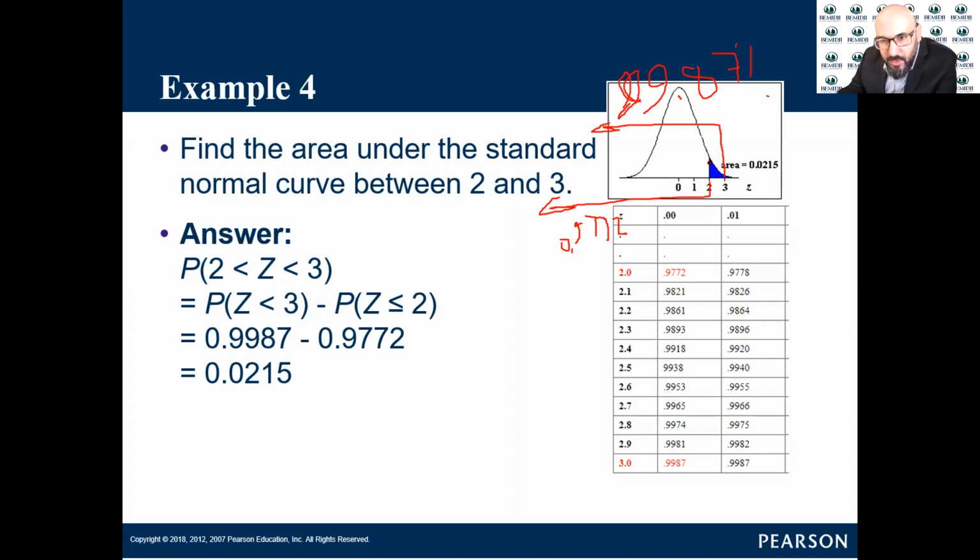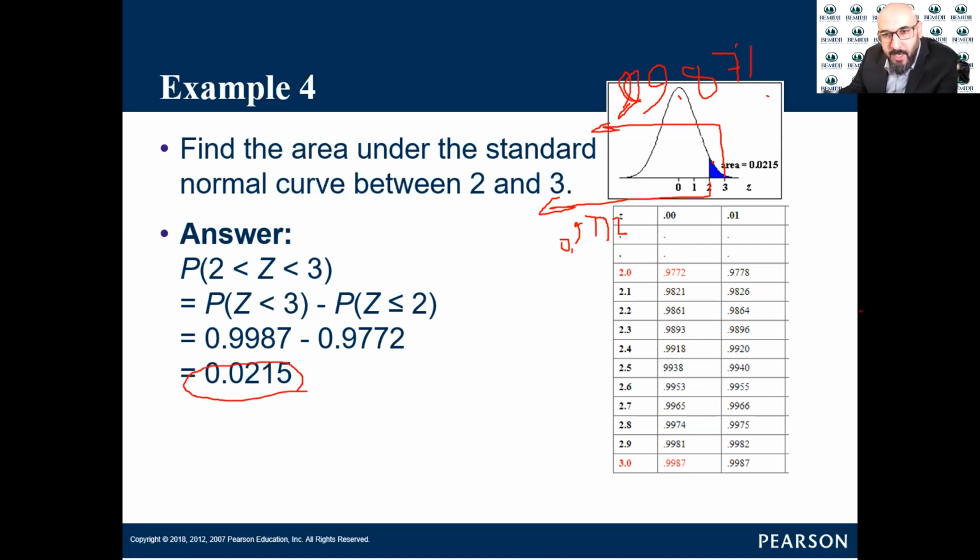Now, what we're trying to do is find the area between them. So the difference will give you the area. We have to subtract 99.87 minus 97.72.